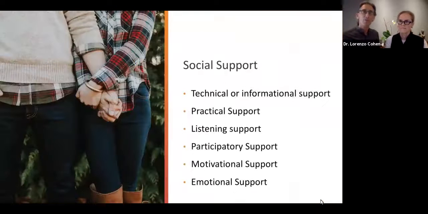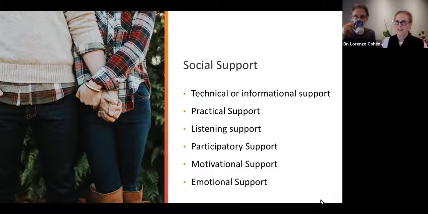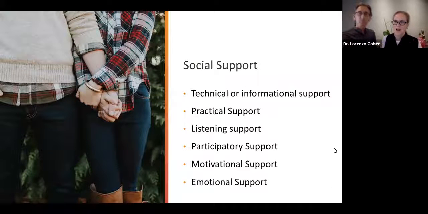So before taking off with the change you're looking to make, consider these different areas and what you will need. If you're somebody who has a cancer diagnosis, it is really critical to look at this grouping of support and figure out who you have in your community to fill these spots. Technical and informational support is somebody like a doctor or an expert in how to use your computer.